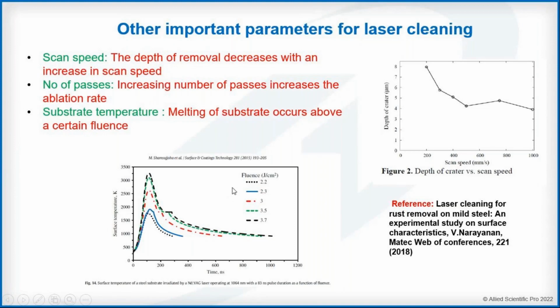As long as the fluence was less than 3 joules per centimeter squared, the temperatures were under control and fine, under the melting point of stainless steel. But as soon as they increased the fluence to above 3 joules per centimeter squared, then there was a sharp rise in temperature, and melting of the substrate happened.